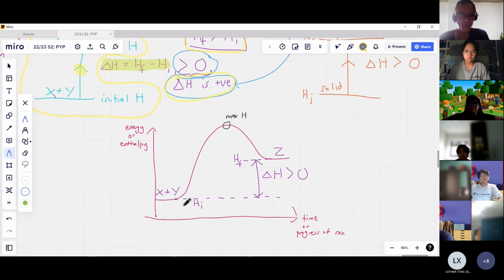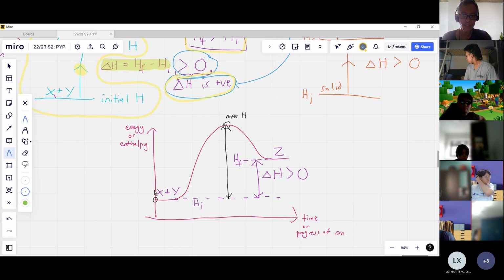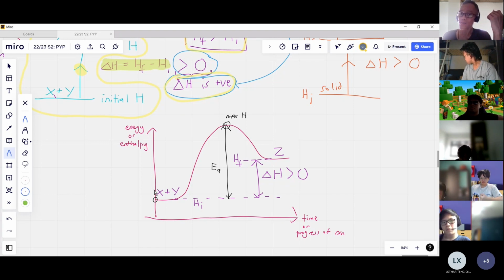So this whole horizontal line is my initial H. Of course, it extrapolates from this point. So if I take the difference between max and initial H, this gives me activation energy, or this is the official symbol, capital E small a, for activation energy. So yep, you're done. That's all you need to label.